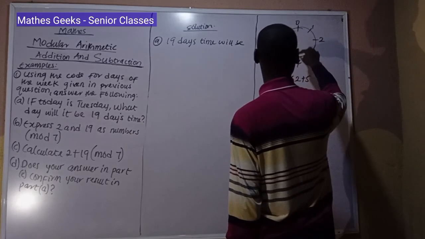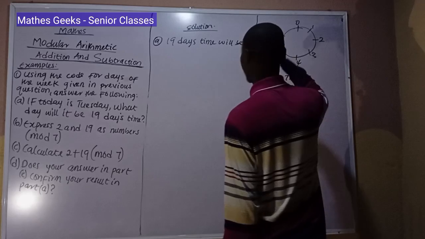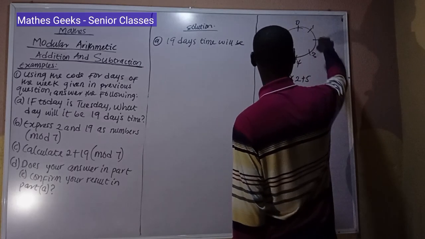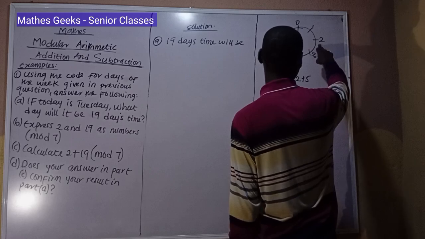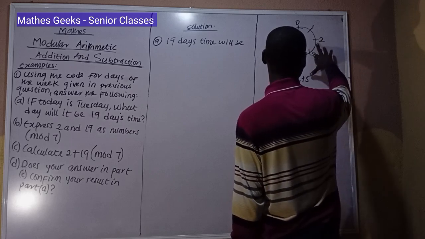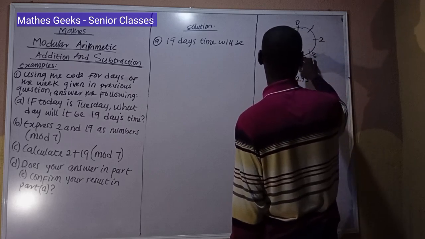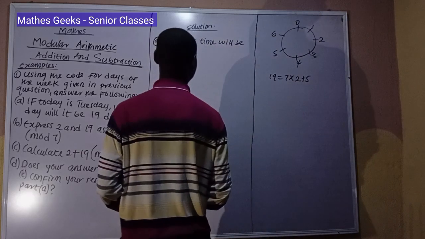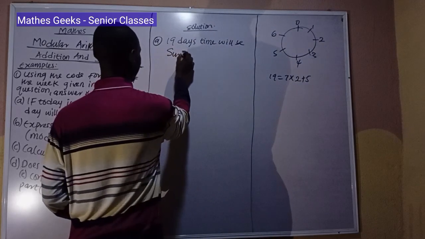Tuesday is 2. If you go around the circle 2 times, that's 14 days. So from Tuesday, count the next 5 days: 1, 2, 3, 4, 5. That will be Sunday. So 19 days time will be Sunday.